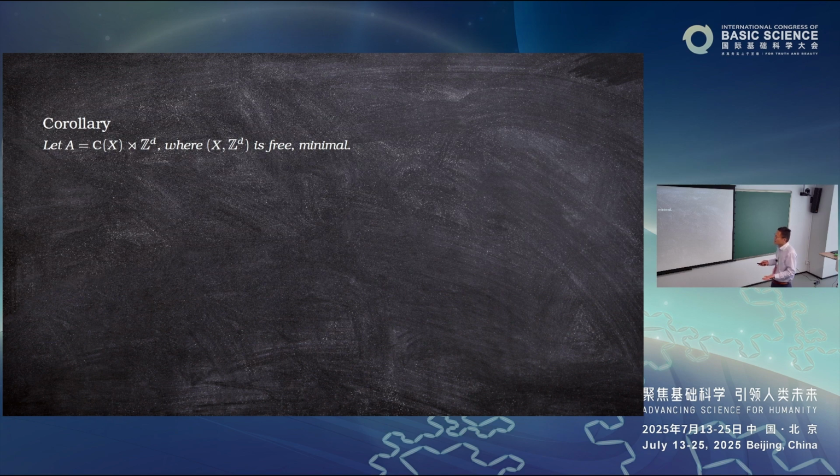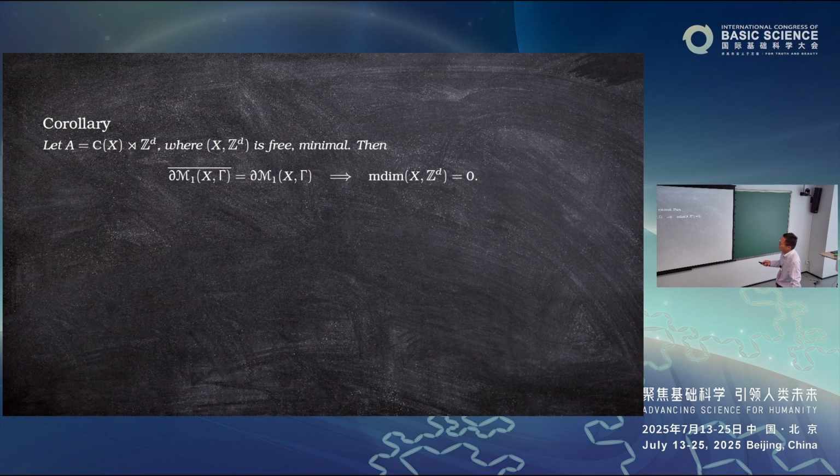The line is what you can say about a dynamical system by only looking at the big ambient algebra A. The first thing we can say is that if the trace simplex of A is a Bauer simplex, which in this setting means that the collection of ergodic measures is closed, then you automatically get that the mean dimension is 0.